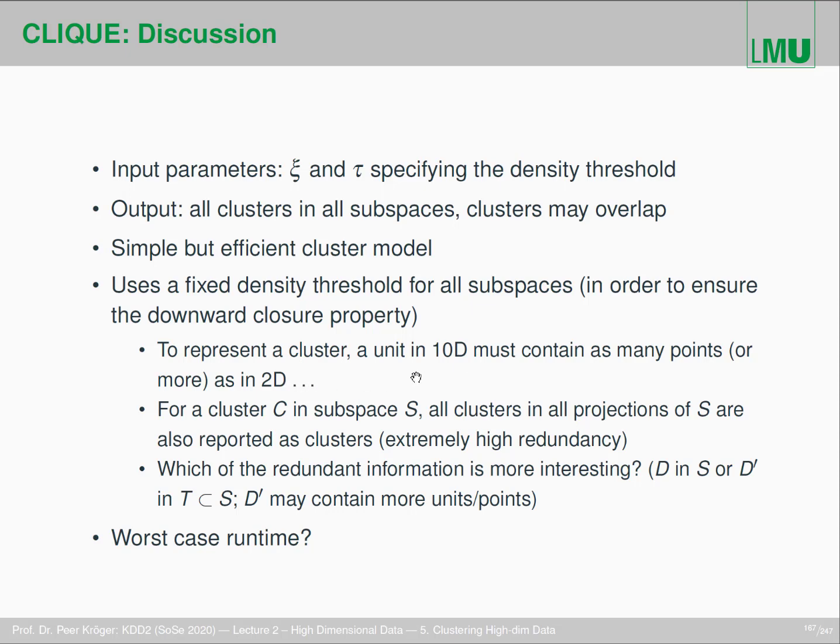So if you set the density threshold too loose, you may end up in quite high dimensional feature spaces, but then in the 2-dimensional case virtually everything, all units, are dense, just because of the curse of dimensionality. On the other hand, if you set the parameters very strictly, then you end up in only very low dimensional subspace clusters.